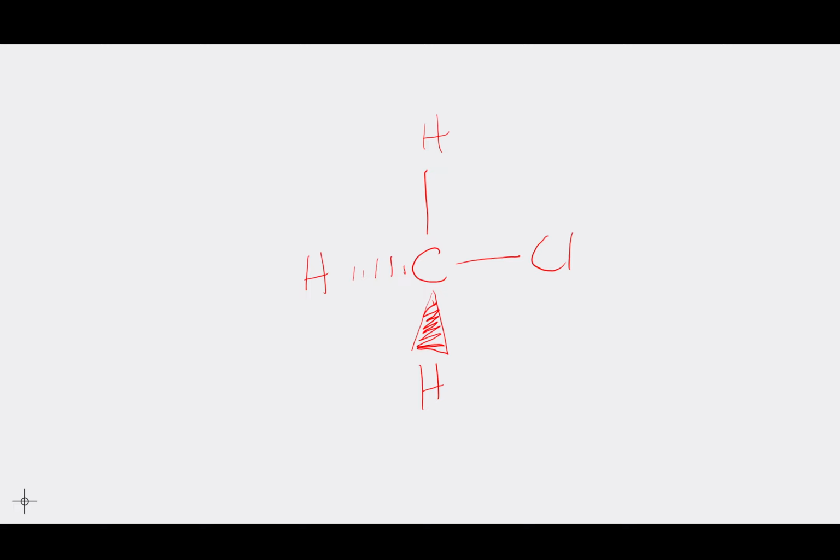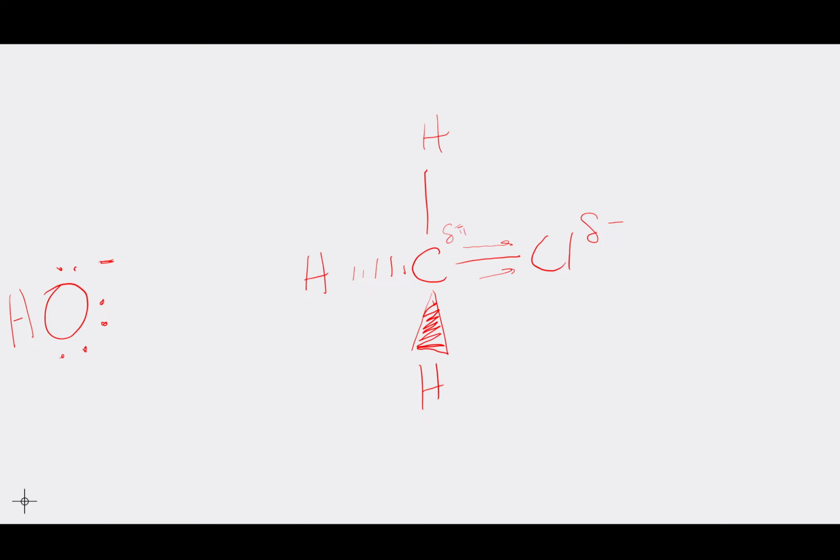What's going to happen here now is the creation of this type of interaction with hydroxide. So we're gonna have hydroxide over here. Let me just put the electrons on the hydroxide so you know that it is a nucleophile, right? Before we look at the interaction here, we know that the chlorine is going to be more electronegative, creating a slightly negative charge here, slightly positive charge here, right?